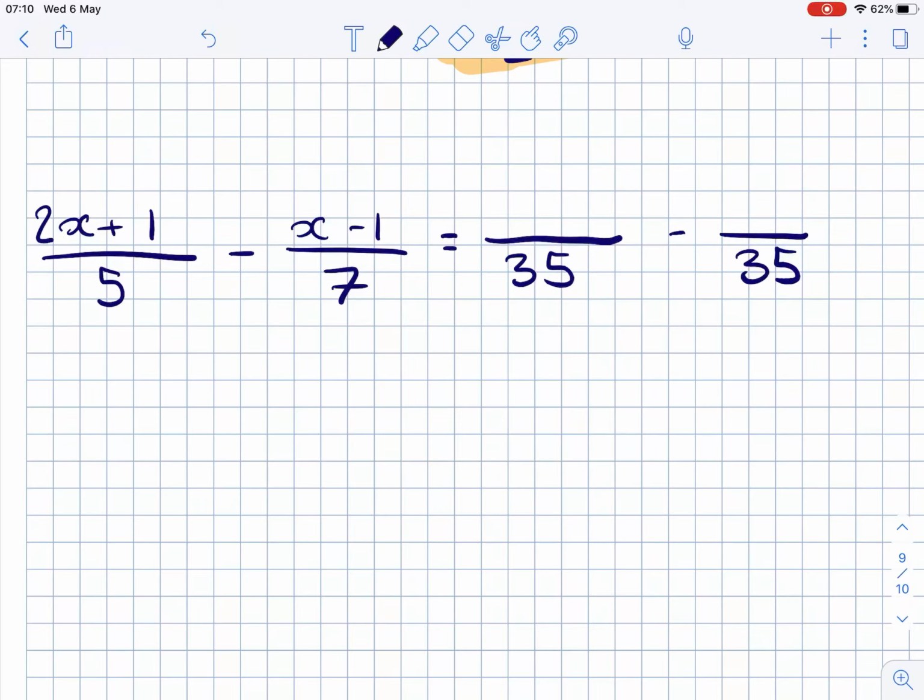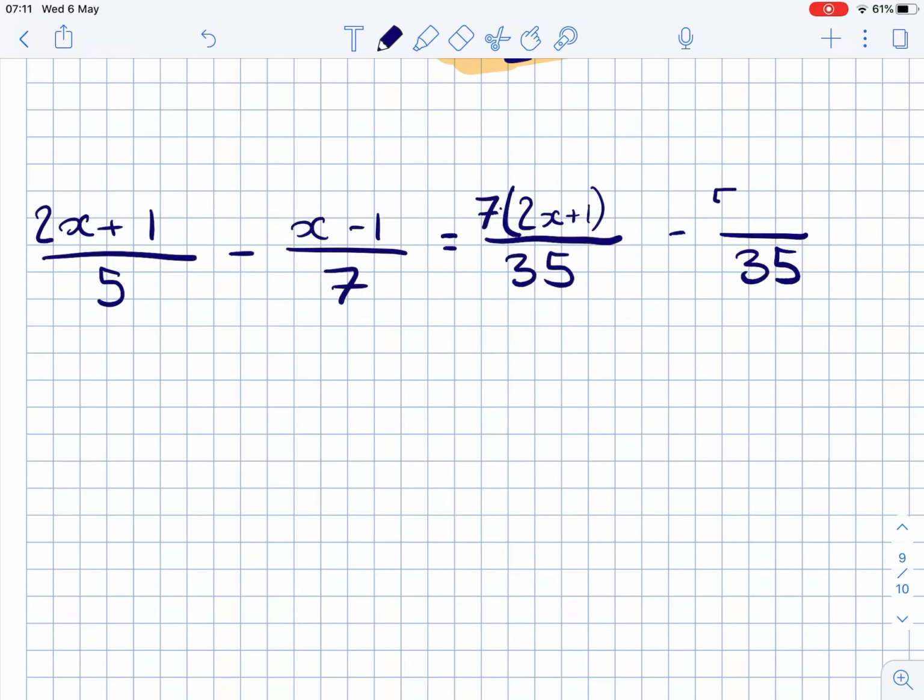Okay, and we're taking the left-hand fraction, and this has been multiplied by 7, the denominator of the right-hand fraction. So it's going to be 7 times 2x plus 1. I know a lot of you could probably expand this out straight away, but I'm going to leave it like that for now, and hopefully you'll see why in a second. And the right-hand fraction, can you think what it would be?